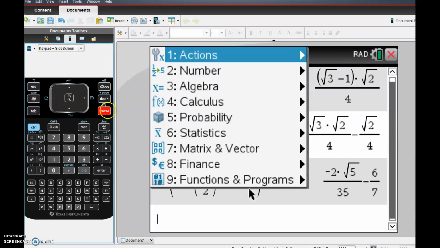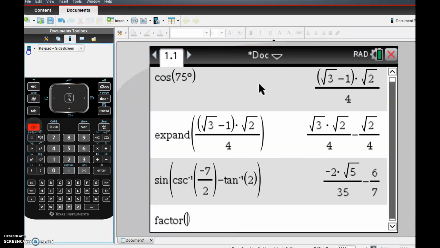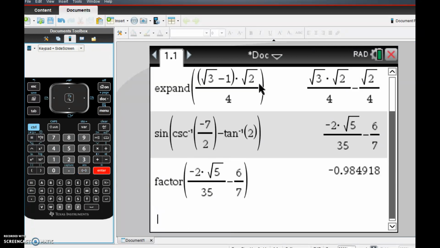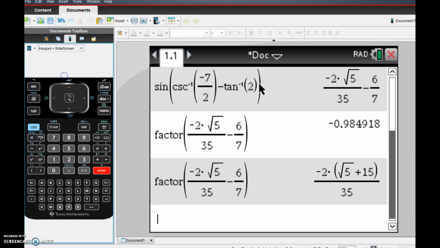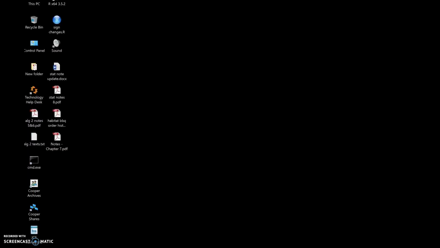If I go to menu, algebra, factor, last answer, why did it do that? Did I hit control enter? I did hit control enter. Weird. So am I off by a negative sign?